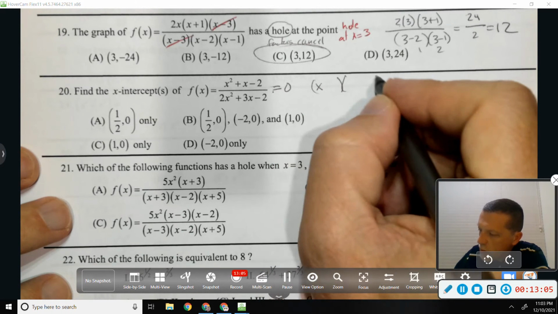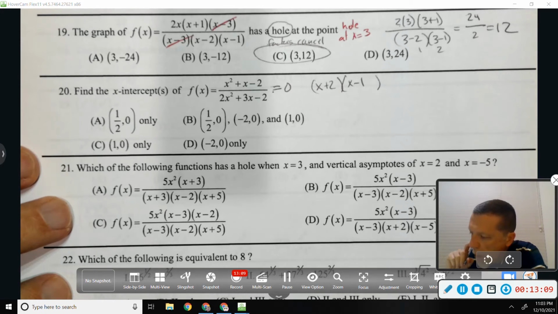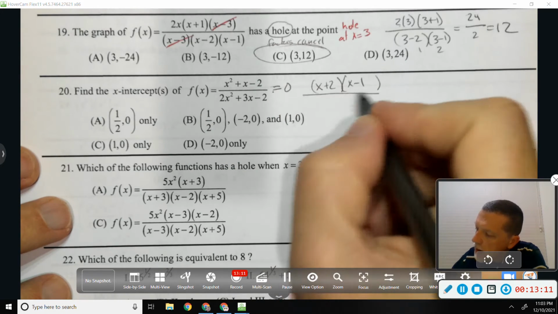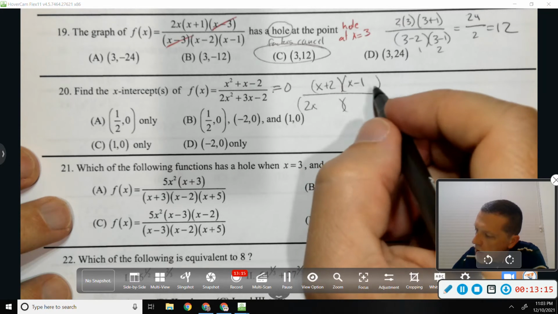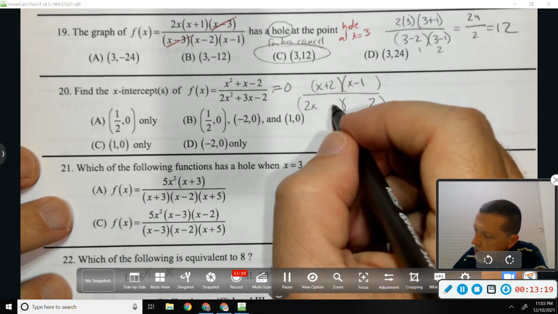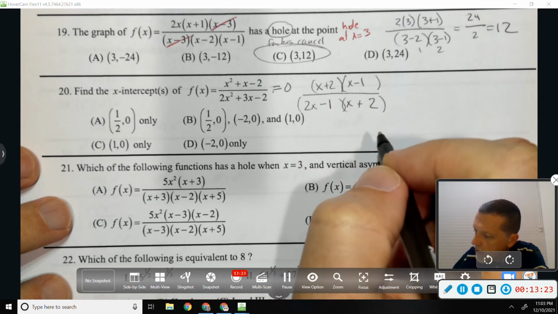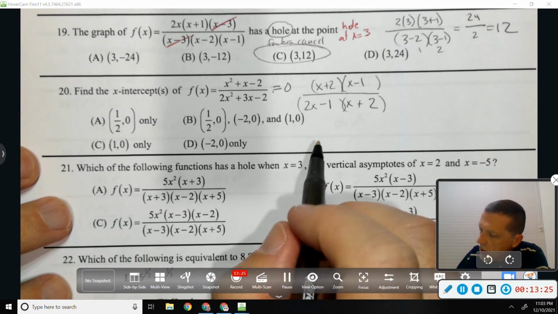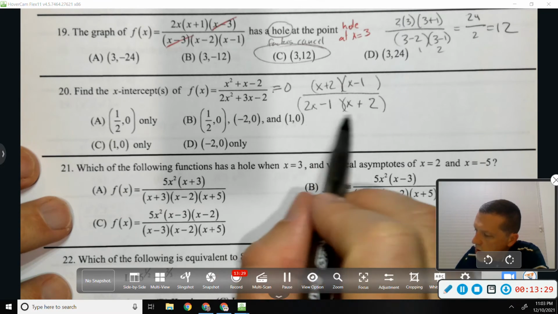Let's factor everybody first. x plus 2, x minus 1. And then in the bottom, let's see, 2x, like that, I think. So, yeah, that would work.